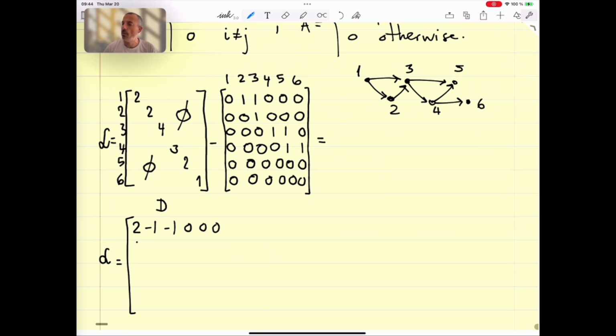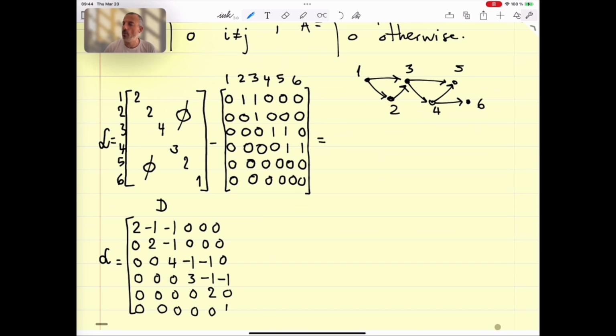Next row. 0, 2, minus 1, 0, 0, 0. Next row. 0, 0, 4, minus 1, minus 1, 0. Next row. 0, 0, 0, 3, minus 1, minus 1. Next row. 0, 0, 0, 0, 2, 0. 0, 0, 0, 0, 0, 1. This is a Laplacian matrix. We're all cool. Any questions?